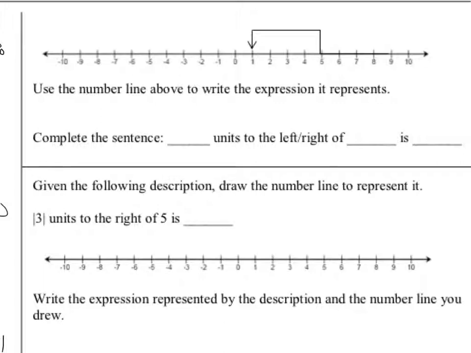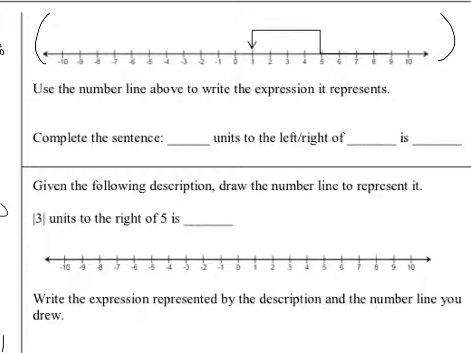We used to be given an expression and asked to create the number line. Here we're given a number line that has a visual representation of some sort of integer addition, and I'm asking you to create the expression. It says use the number line above to write the expression that it represents.